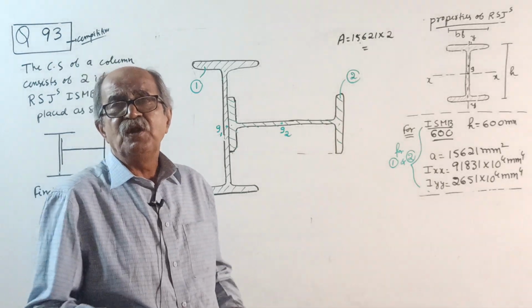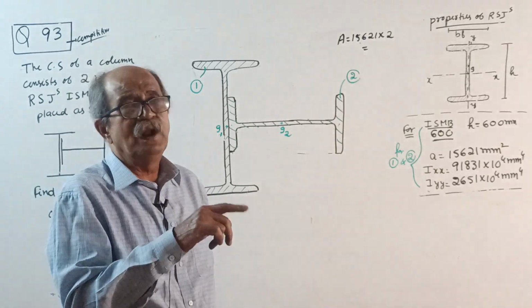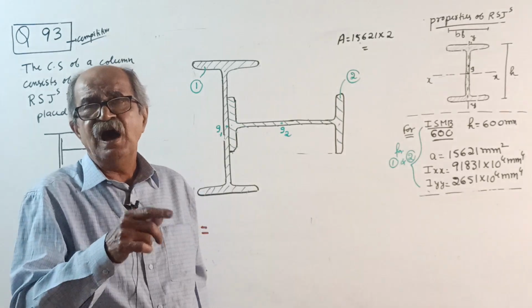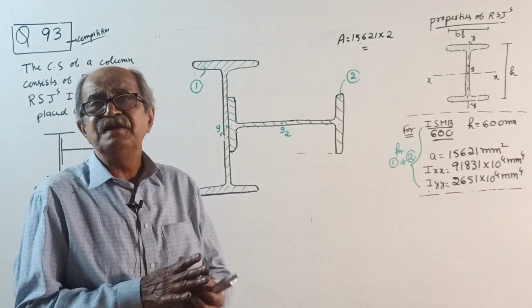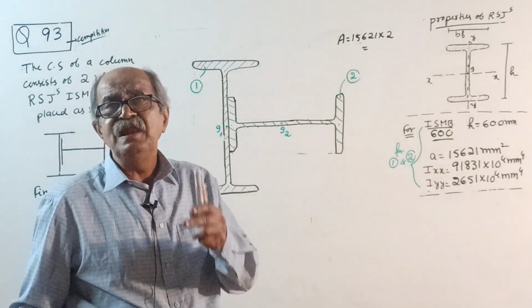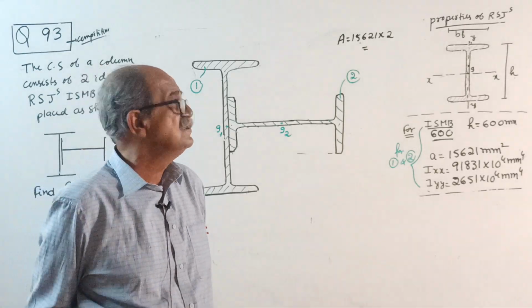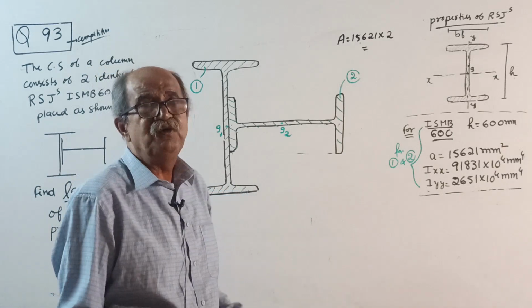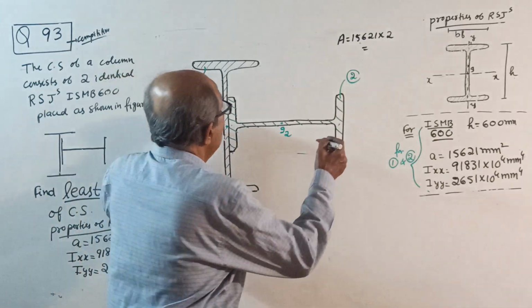With Rankine's formula, it is crushing stress into area by 1 plus Rankine constant alpha into lambda square, where lambda is slenderness ratio, L effective by least r, r equal to least I divided by area. Whichever formula you apply, you require only least I.